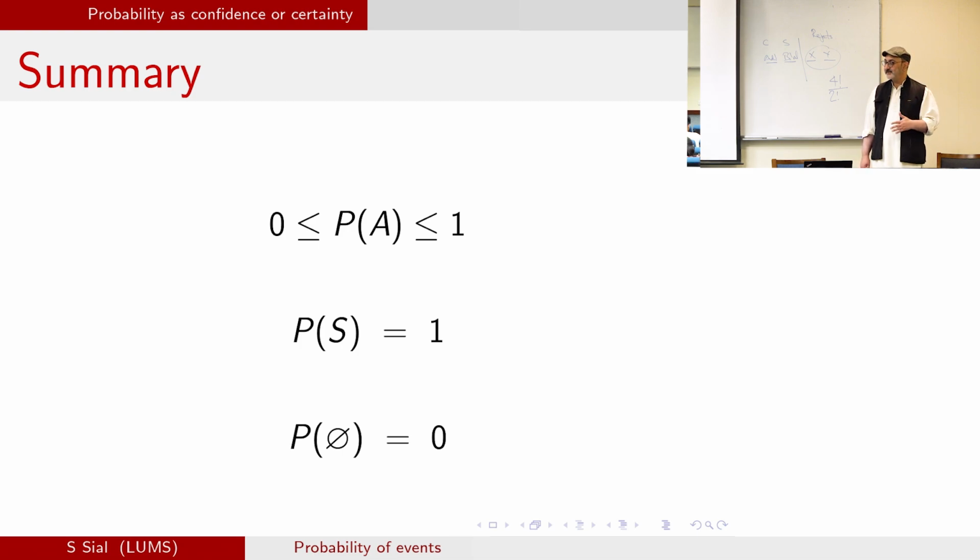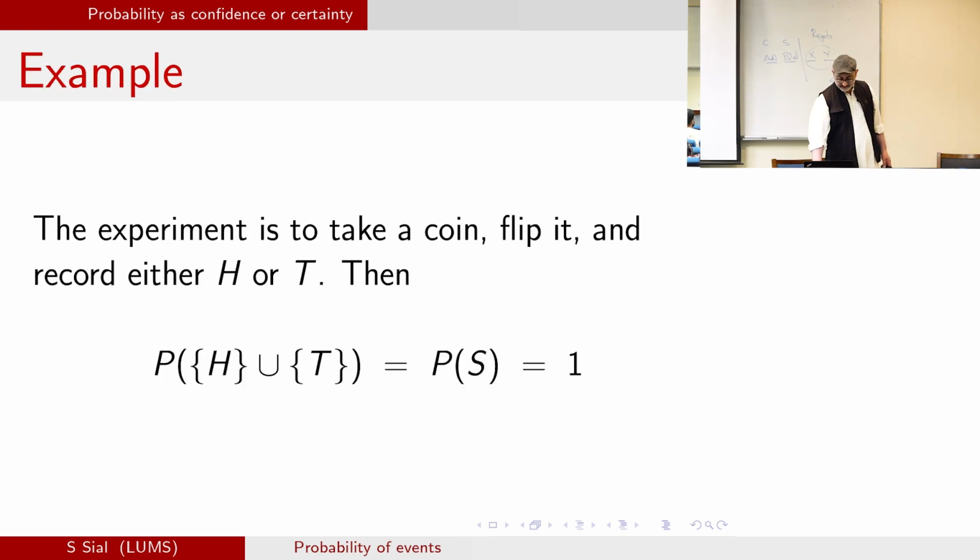There's a subset A of the sample space. A gets assigned a probability that lies between 0 and 1. The probability of the sample space is 1. So the probability that one of the outcomes out of all the possible outcomes occurs is 1. Right? And the probability of the empty set is 0 because none of the possible outcomes are in the empty set.